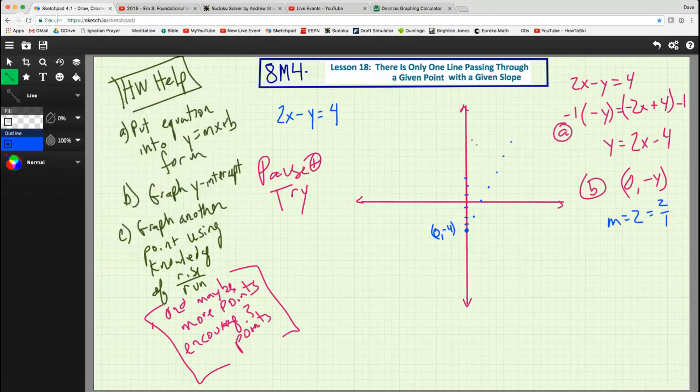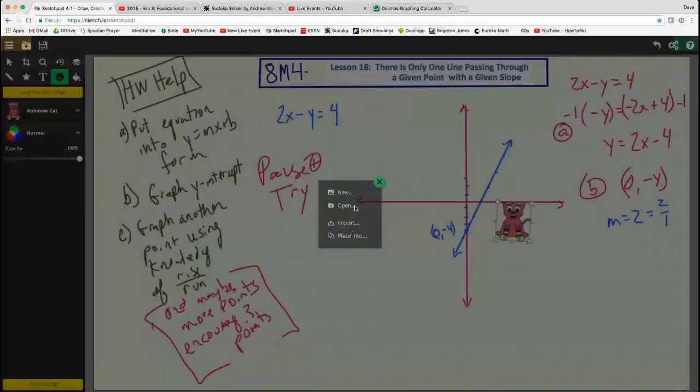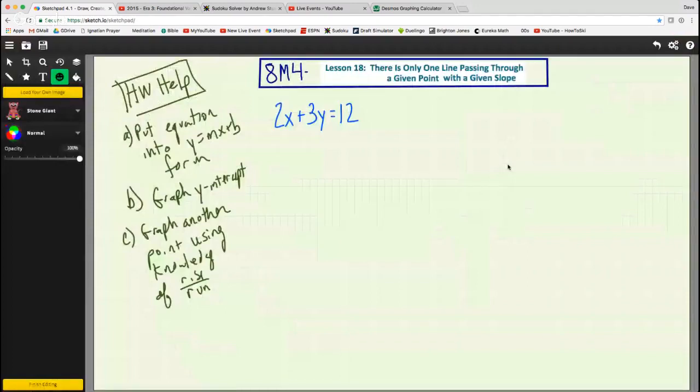And now I'm going to go boom, boom, boom, boom, boom. Happy cat. Positive slope, so we go up, left to right. Got it nailed. All right, we're going to do this one more time, and then we're going to be over and done.